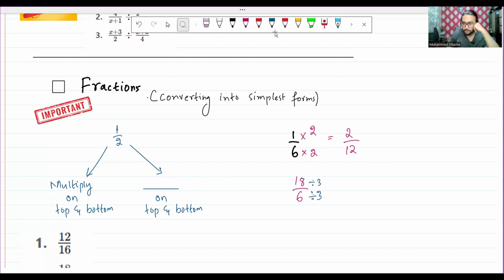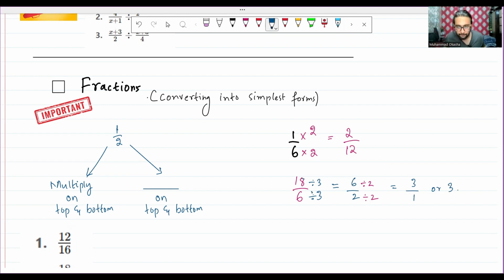Okay, so 18 divided by 3, what is it? 18 divided by 3 is 6, and 6 divided by 3 is 2. Can I do that again? Yes, I can do it again. 6 divided by 2 is 3, 2 divided by 2 is 1, so 3 over 1, or just 3.